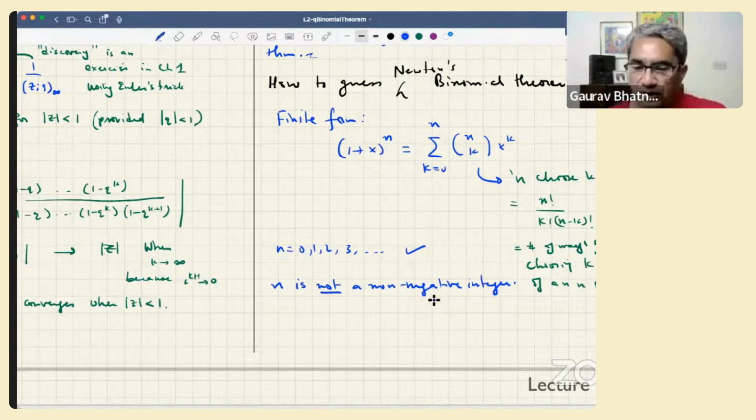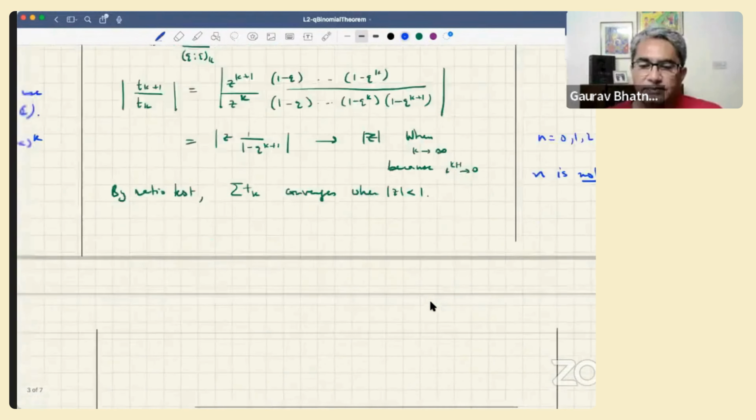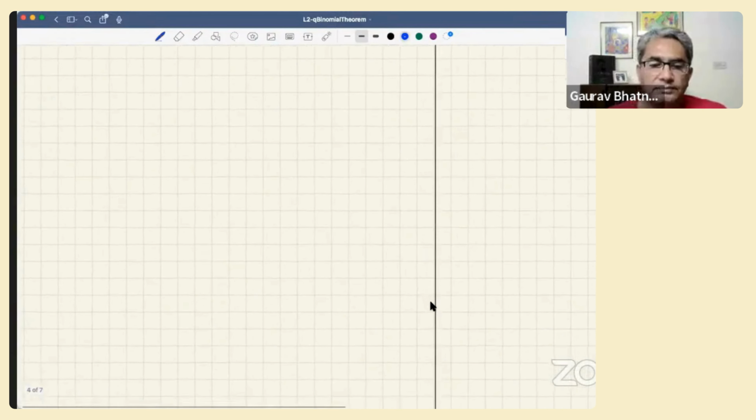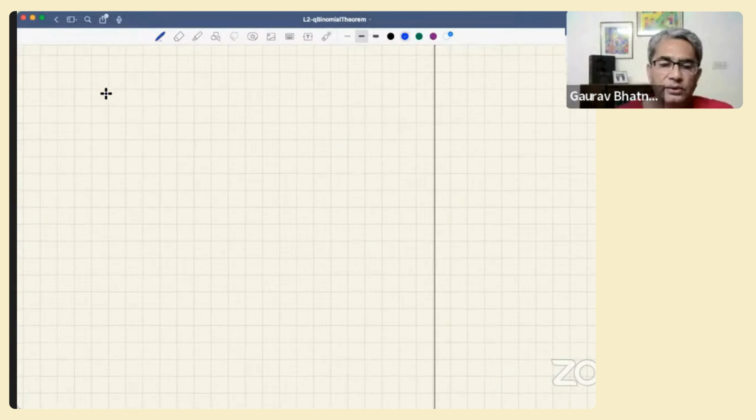So how do we guess a general result? That's the point. So let me write it again. It's 1 plus x raised to the power n, which is equal to the sum over k going from 0 to n.